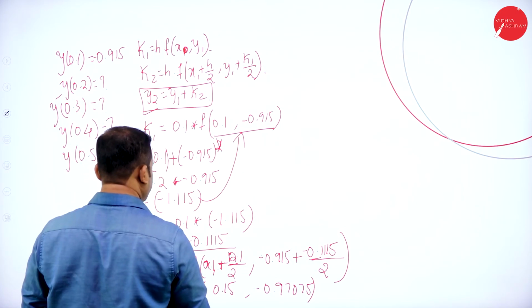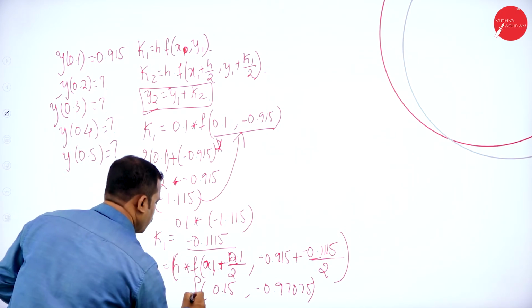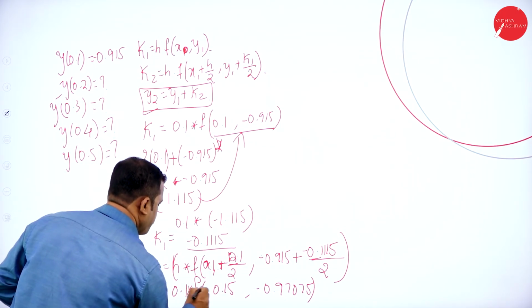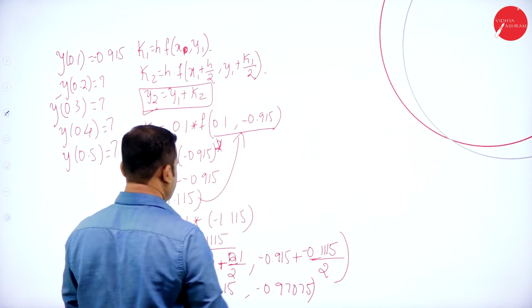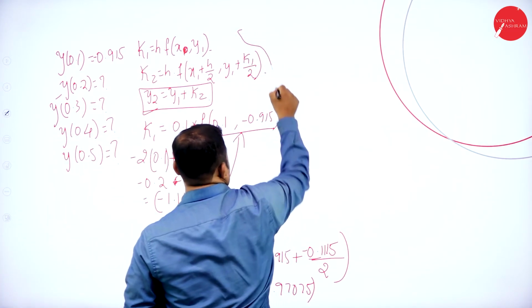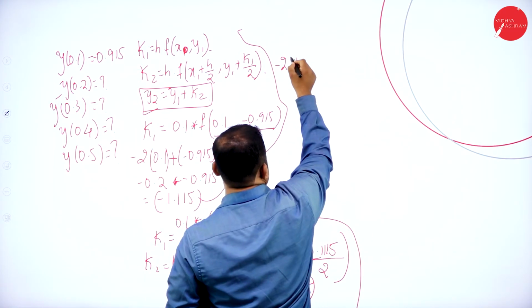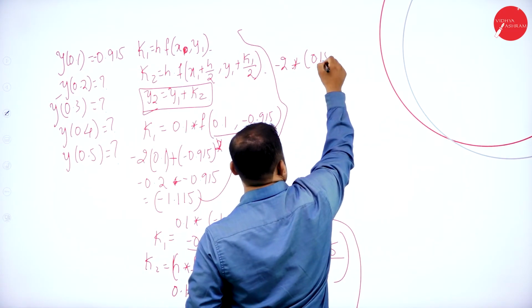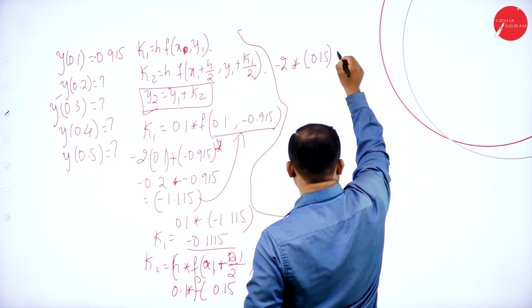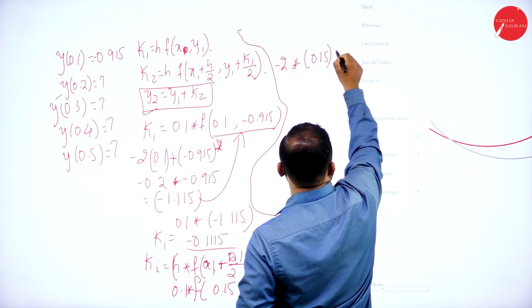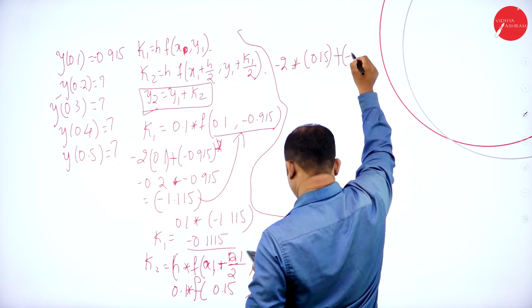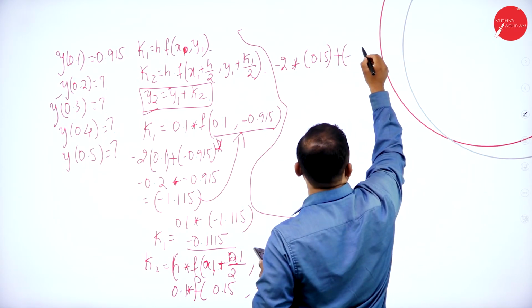So let me substitute this into that equation, that is f of this into 0.1. 0.15, minus 2 times 0.15 plus of minus 0.97075.